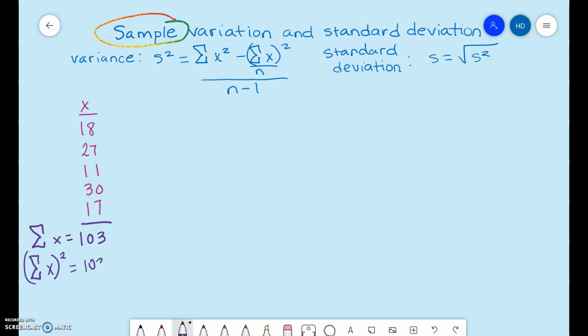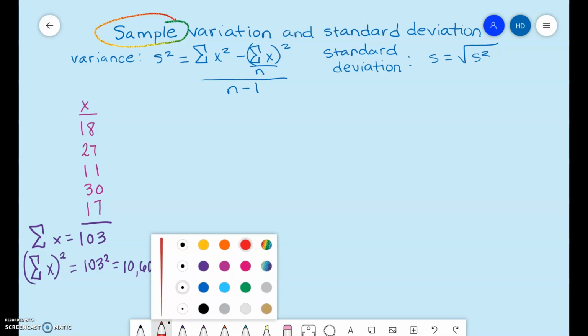So if you take 103 and square it, you will get 10,609. Okay, so we're on our way to getting the variance.